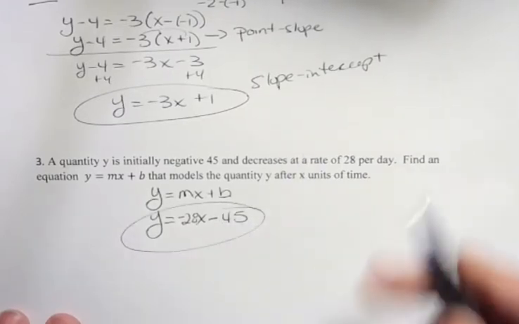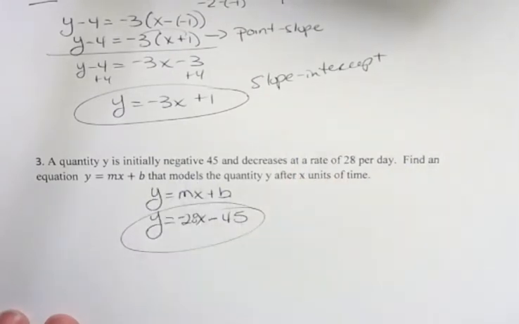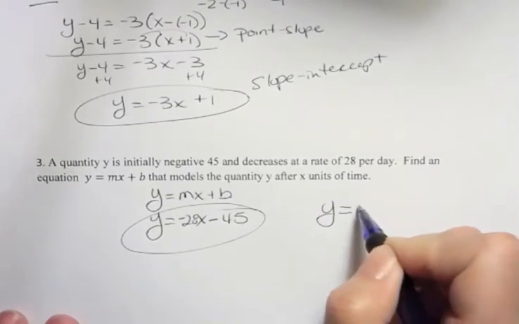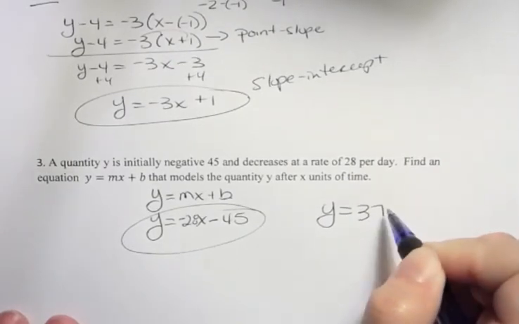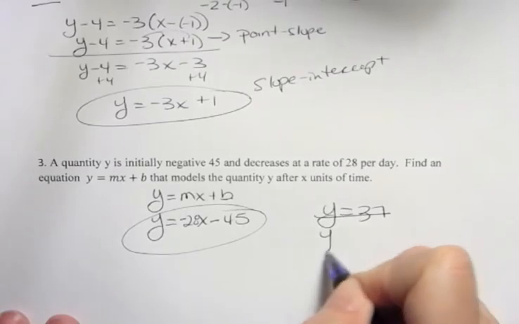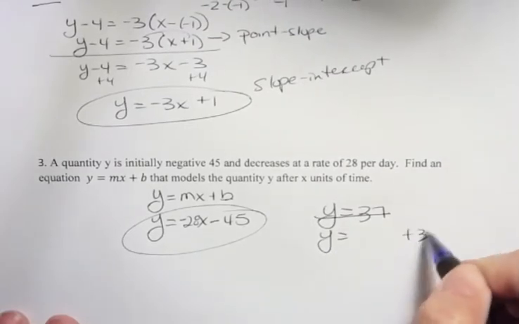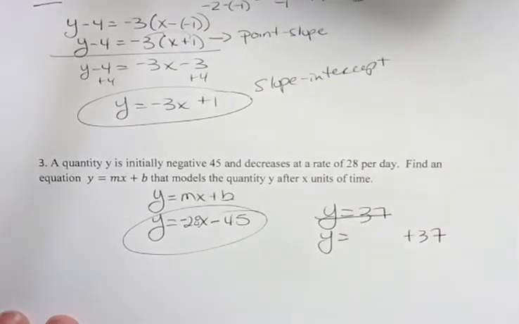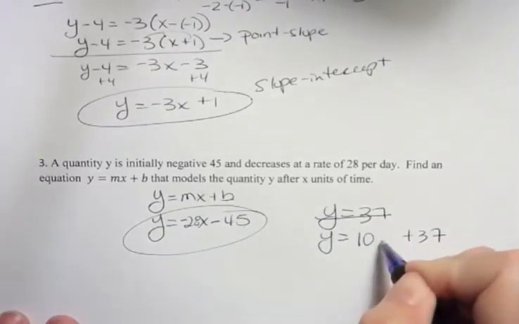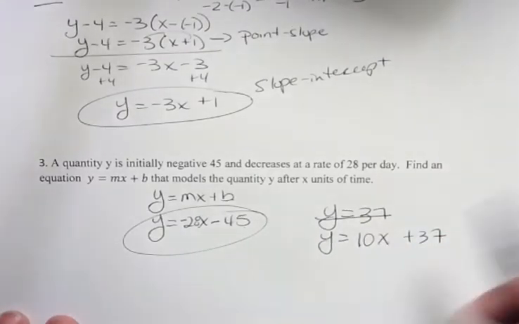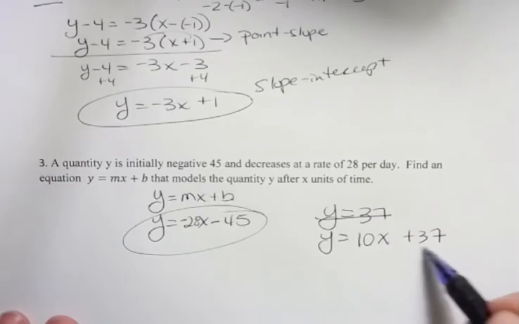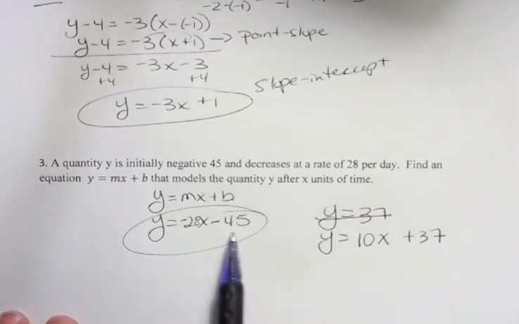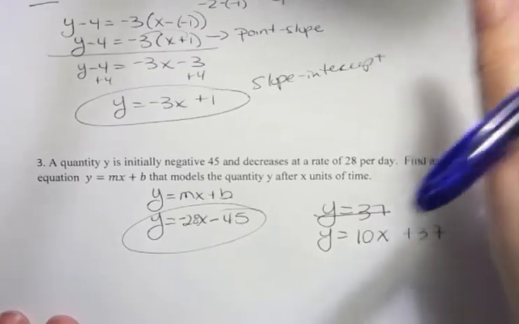That's my final answer. If this was initially positive, let's say it started off at positive 37, that's my starting point, and it was increasing by 10 per day, well then it'd be this, right? If it's increasing, it's positive. If it starts off positive, it's positive. But this one started off negative and was decreasing.